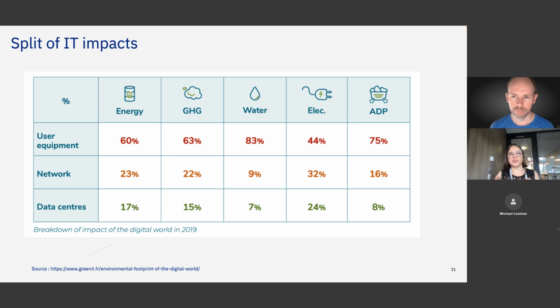So producing the equipment uses more electricity than all of the electricity you will use to recharge your phone or laptop during its entire lifetime. So why does it matter?